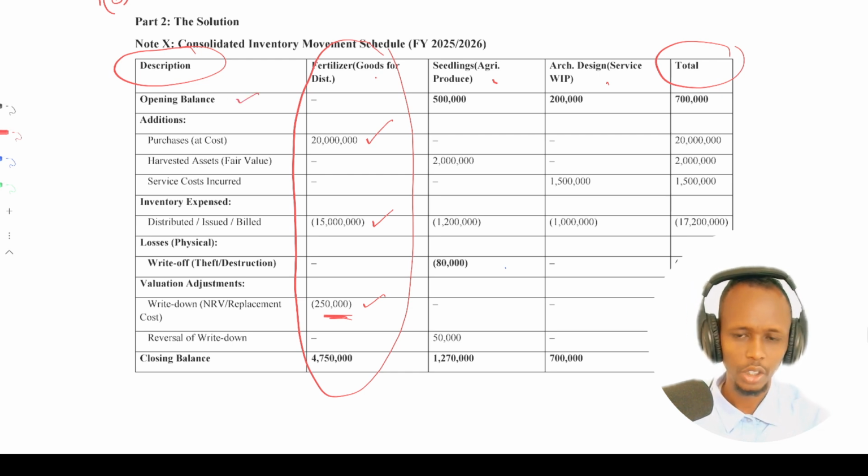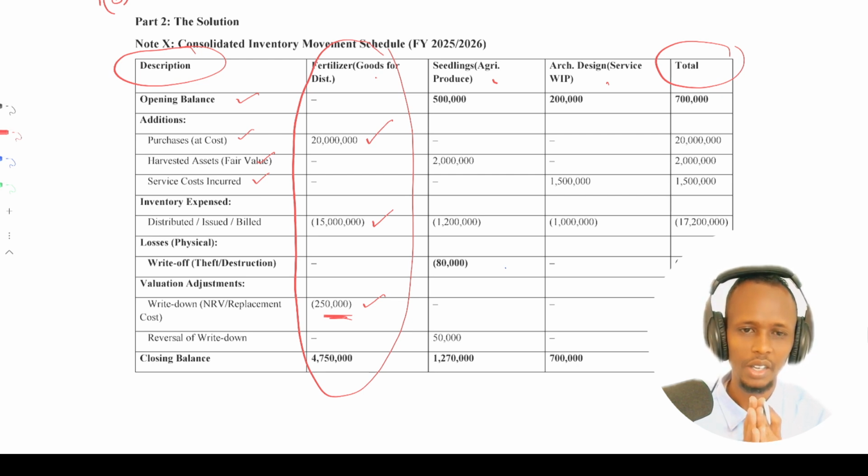When I was talking about addition, I said purchases, transfer, this cost incurred, etc. Someone can have those additions in as a broken down item or as a line item to make your disclosures clear, because at the end of the day it is for the public to understand this information, for the users of this financial statement to understand this information. So that is for fertilizer.